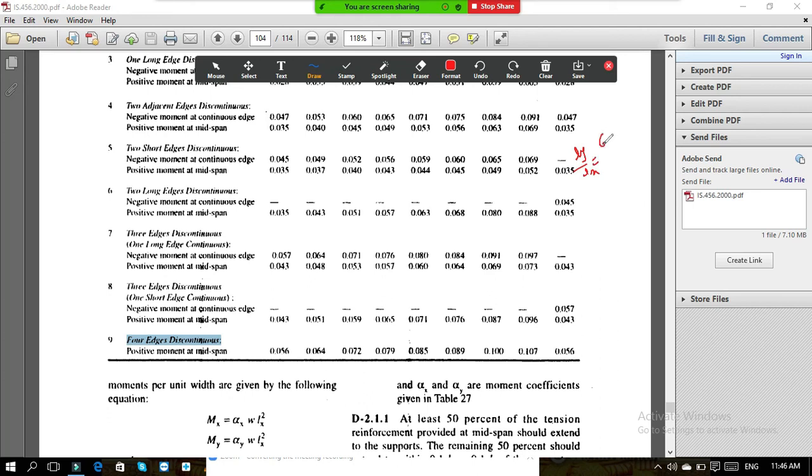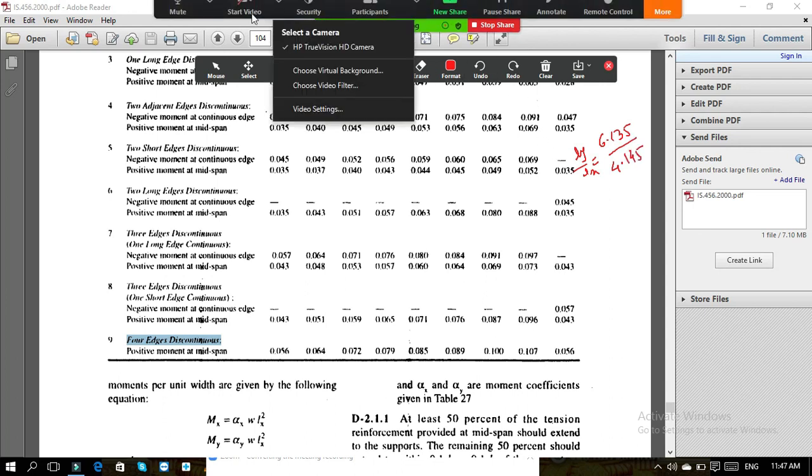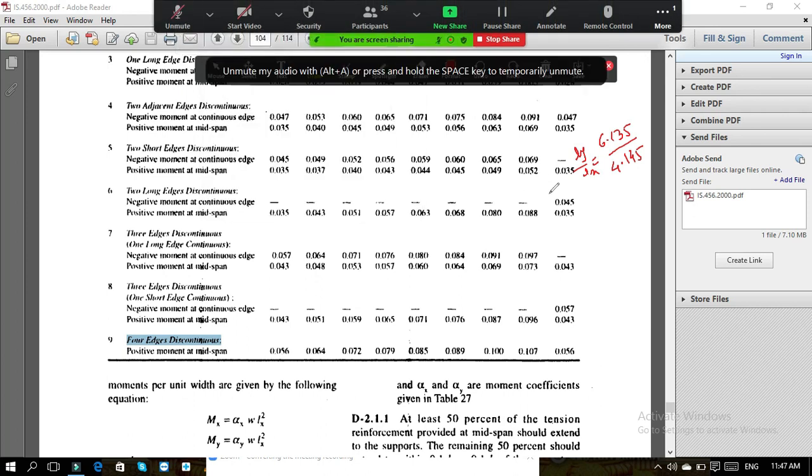It is 6.135 divided by 4 point, what is the value? 4 point something is there, no? 4.145. Okay, just wait 1 minute.